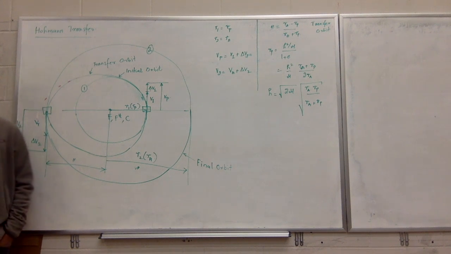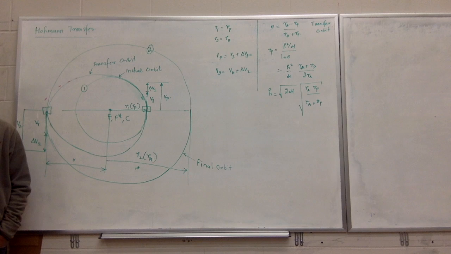Does that make sense? H1 will define the size of the initial orbit. H2 will define the size of the final orbit. And HT will define the size of the transfer orbit. You get that?